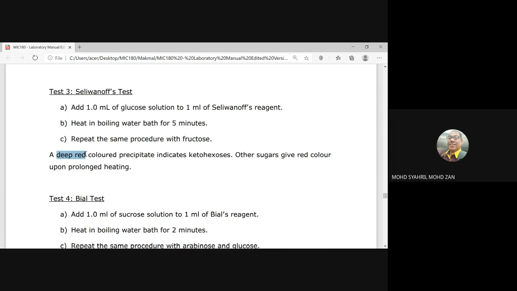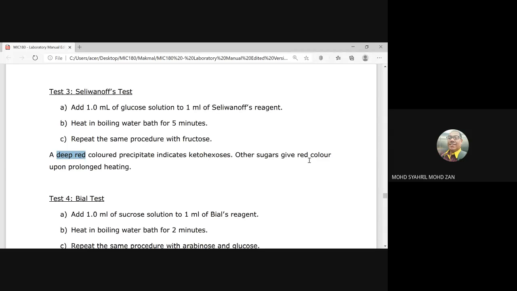Once you get the deep red, it shows that the sample contains ketohexose. So what does hexose mean? Hexose is a 6 carbon ring, and keto is one of the examples of monosaccharide for carbohydrate. We will discuss it in chapter 5 next week, inshallah.